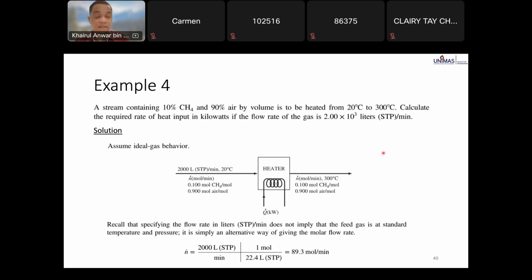A stream containing 10% methane and 90% air by volume is to be heated from 20 to 300 degrees C. Calculate the required rate of heat input if the flow rate of the gas is 2 times 10 to the power 3 liter STP per minute.